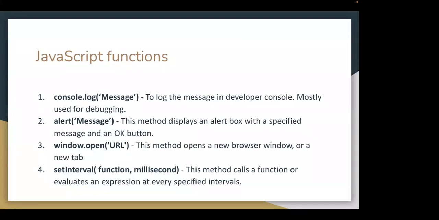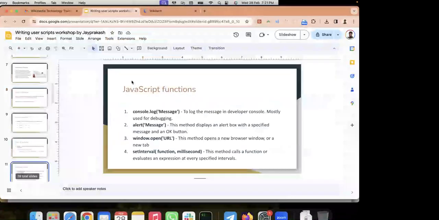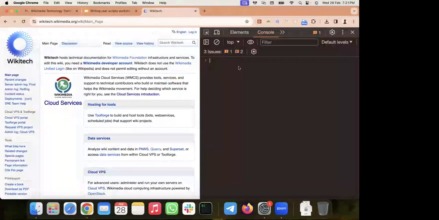Likewise there is window.open, used to open a link in a new tab. And the fourth one is setInterval. It runs a function at some interval, and the interval is given in milliseconds. So let me show you the demo for these things.